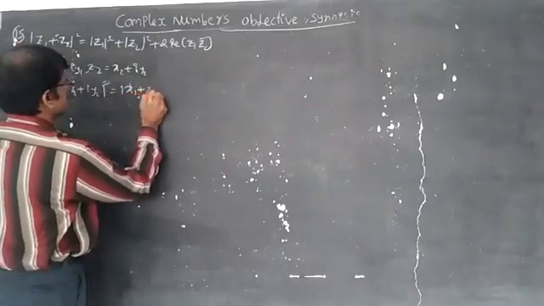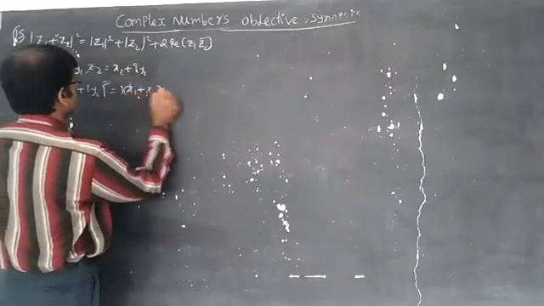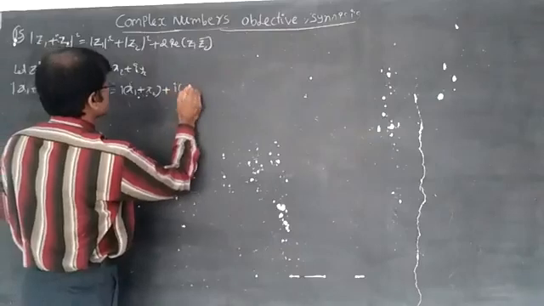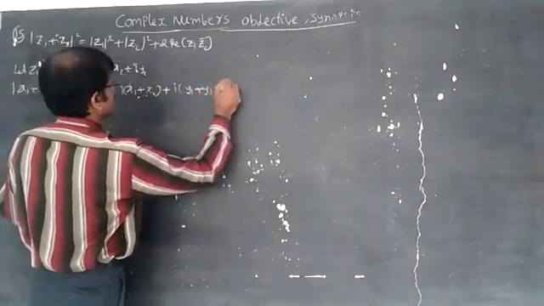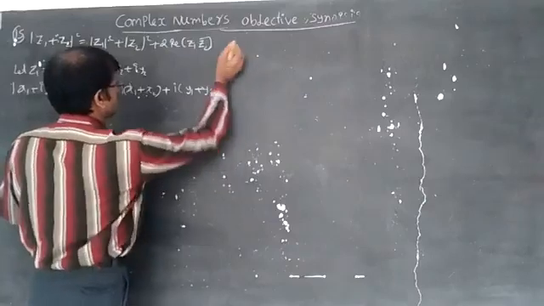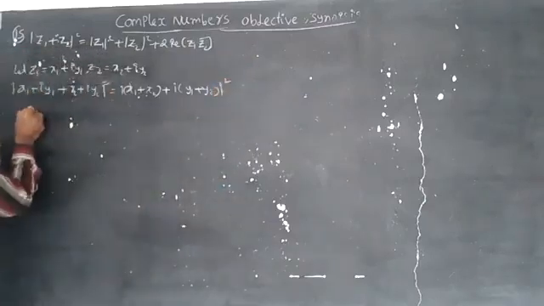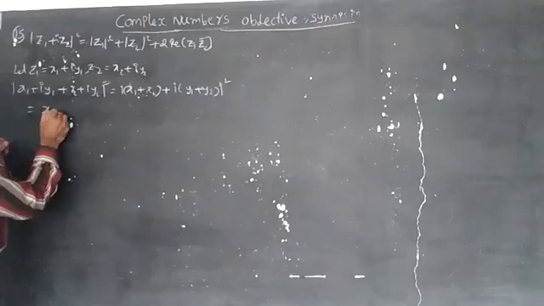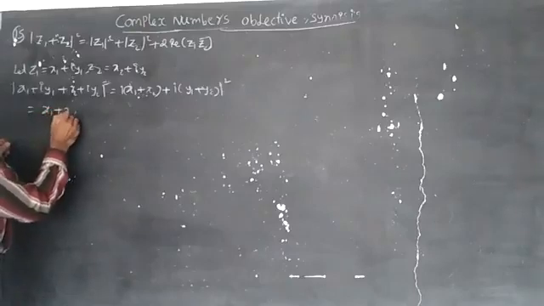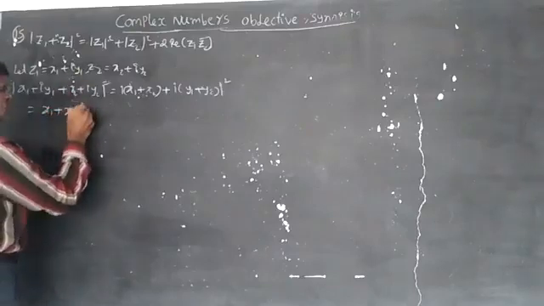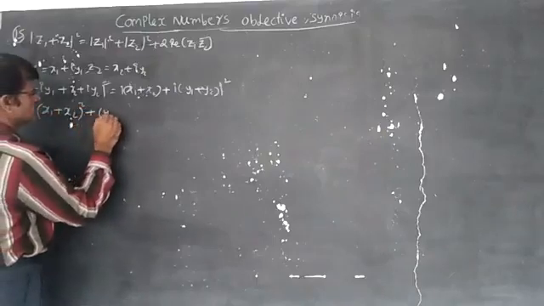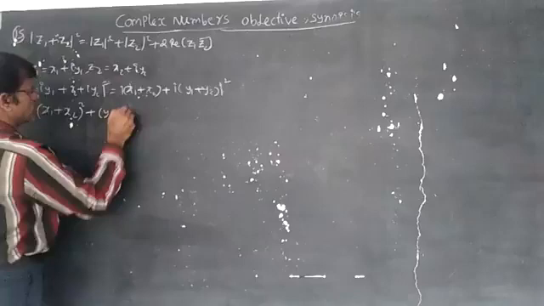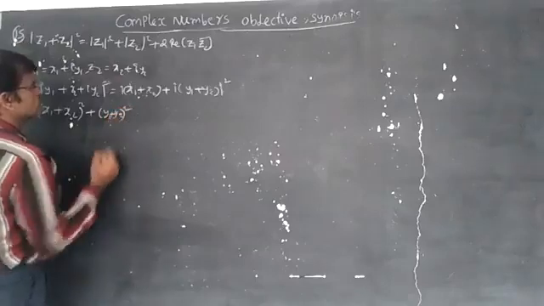So you can understand this as |(x1 + x2) + i(y1 + y2)|² whole square. Let us write this as real part square plus imaginary part square: (x1 + x2)² + (y1 + y2)².